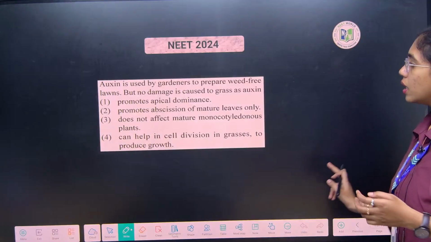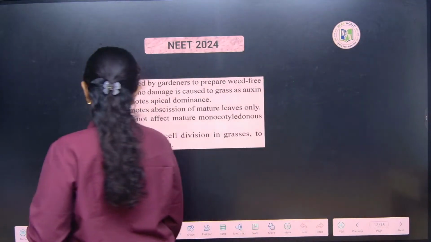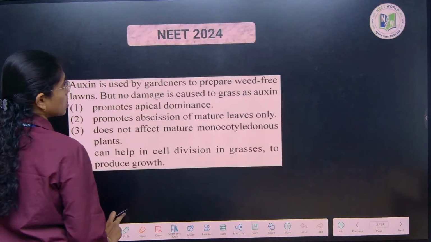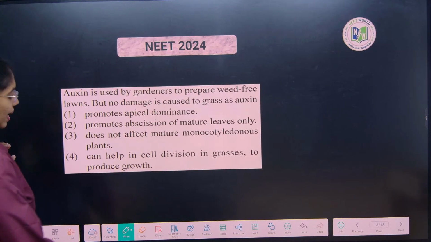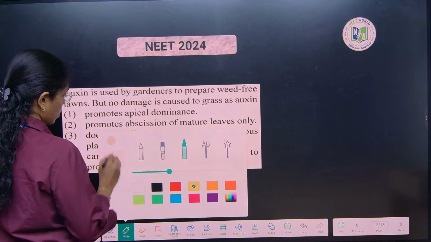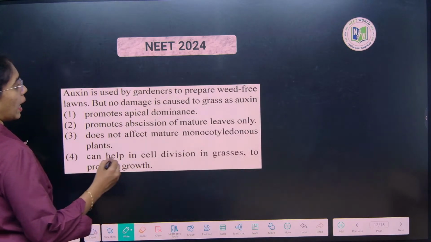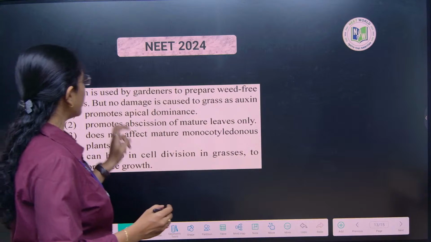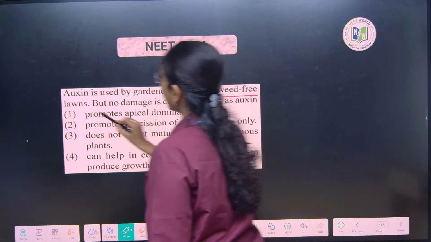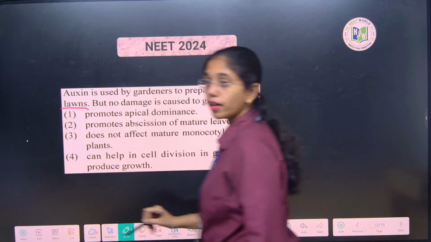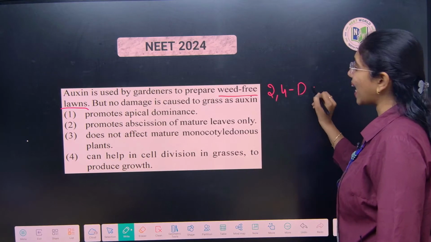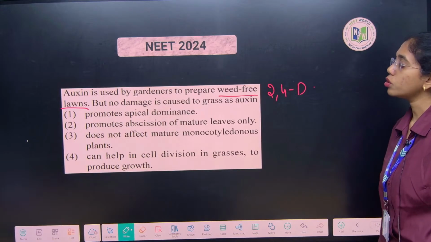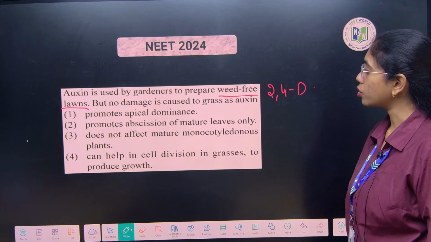Next question, this is from the phytohormone auxins. Auxin is used by gardeners to prepare weed-free lawns. Okay, and which auxin is applied? Which type of synthetic auxin? 2,4-dichlorophenoxyacetic acid. But there is no damage caused to grass.